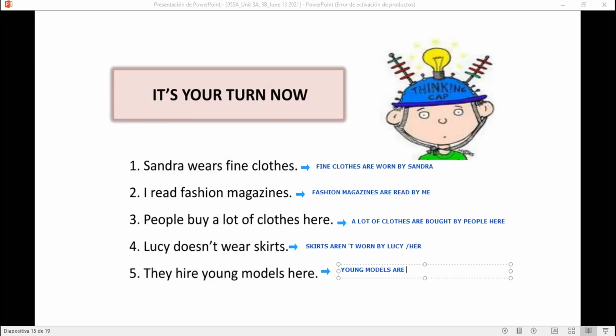Hired. Exacto. Hired. No solo aumentamos la ed y en este caso la d para transformarle el pasado participio. By them. ¿En dónde? Here. Perfect. So, young models are hired by them here. Modelos jóvenes son contratados por ellos aquí, ¿no?